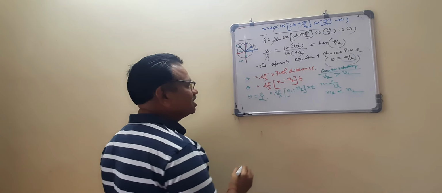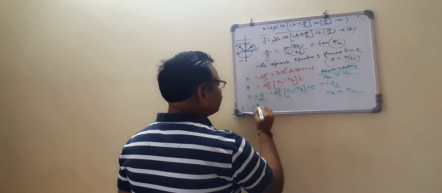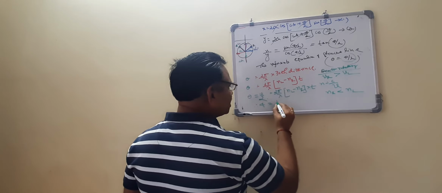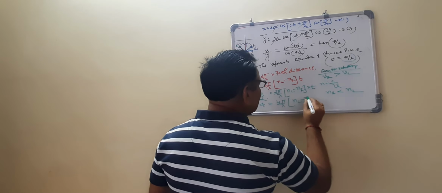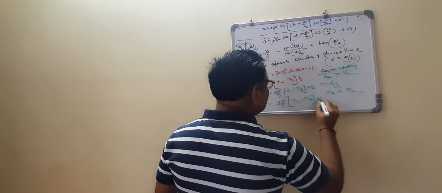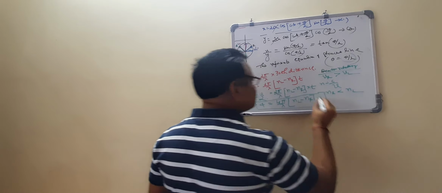Okay, now it does not cancel, I made a mistake. Therefore phi equal to 2 I multiplied here: 4 pi by lambda into bracket NL minus NR into t. This is the equation.